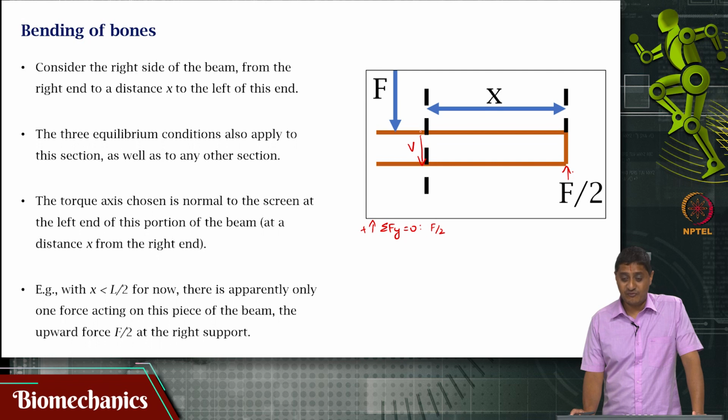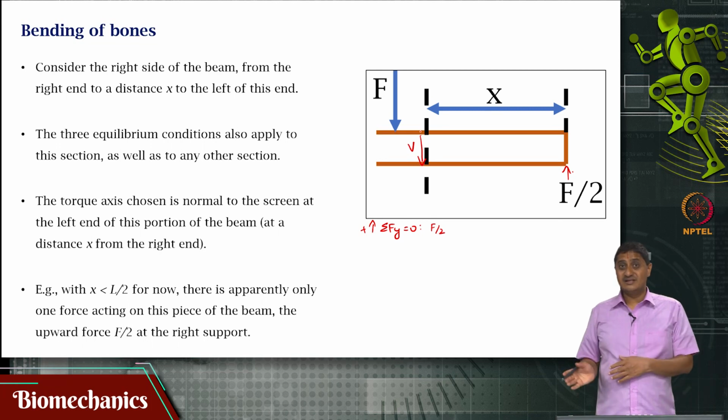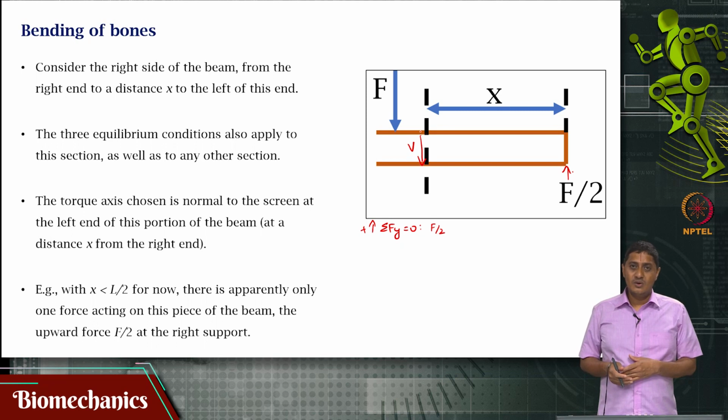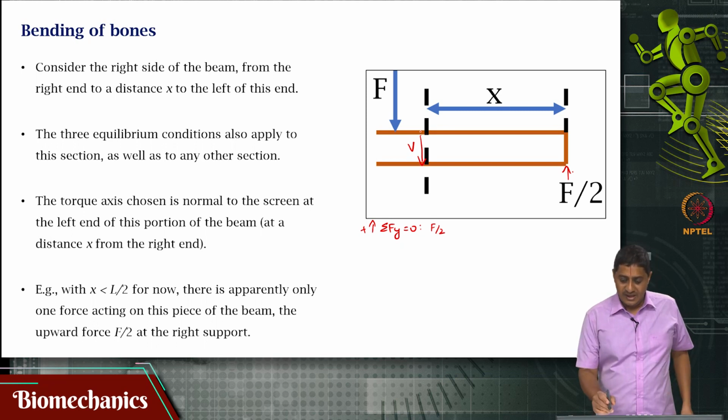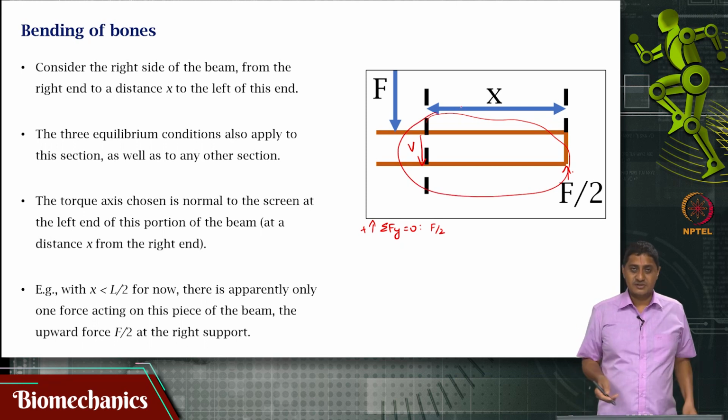So, when I say sigma Fy equal to 0, and because capital F load is applied to the left of the beam and I am only considering the right side of the cut, right, because of this reason, only this part of the beam is under discussion now.